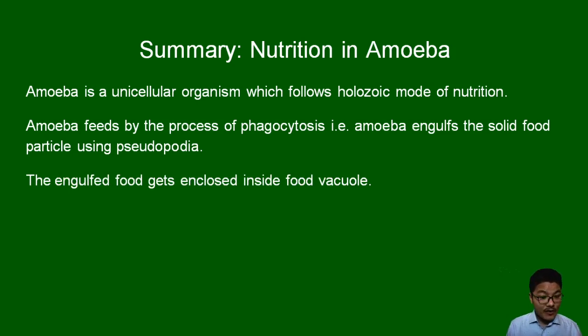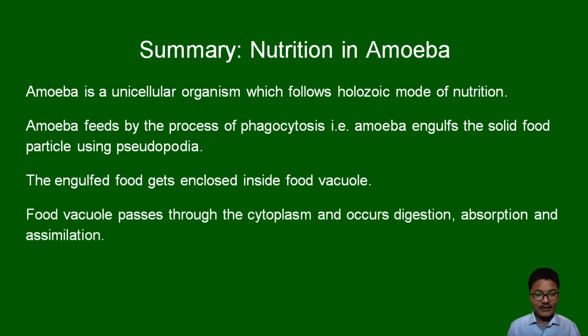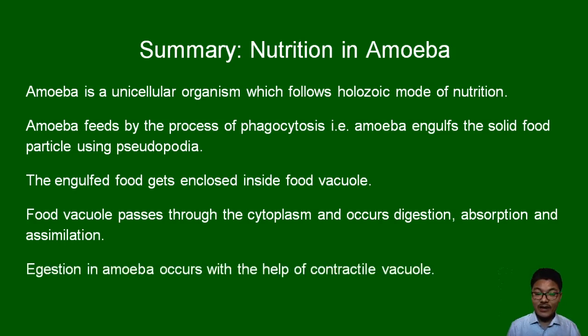And there is formation of food vacuole by engulfing the food particles. Food vacuole then passes through the cytoplasm, and then the digestion, absorption, and assimilation occurs. And finally, undigested food will be excreted out, removed out with the help of contractile vacuole.